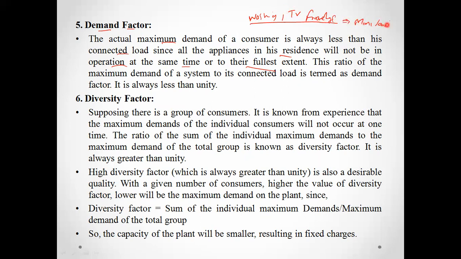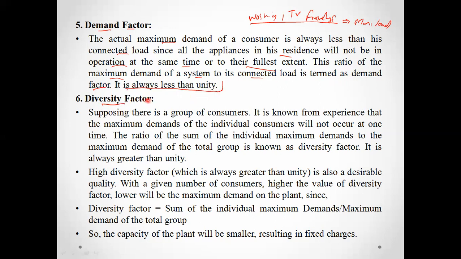But at the same time, all these appliances will not be running. That is the demand factor. It is the ratio of the maximum demand of a system to its connected load, and it will always be less than unity.